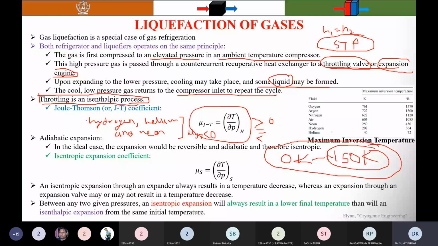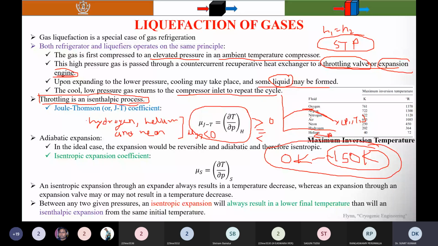If you remember when I discussed the Joule-Thomson coefficient, you can fix the inlet pressure and temperature and reduce the pressure. You find the temperature increases, and at one point the temperature is constant, not changing with pressure during the isenthalpic process.